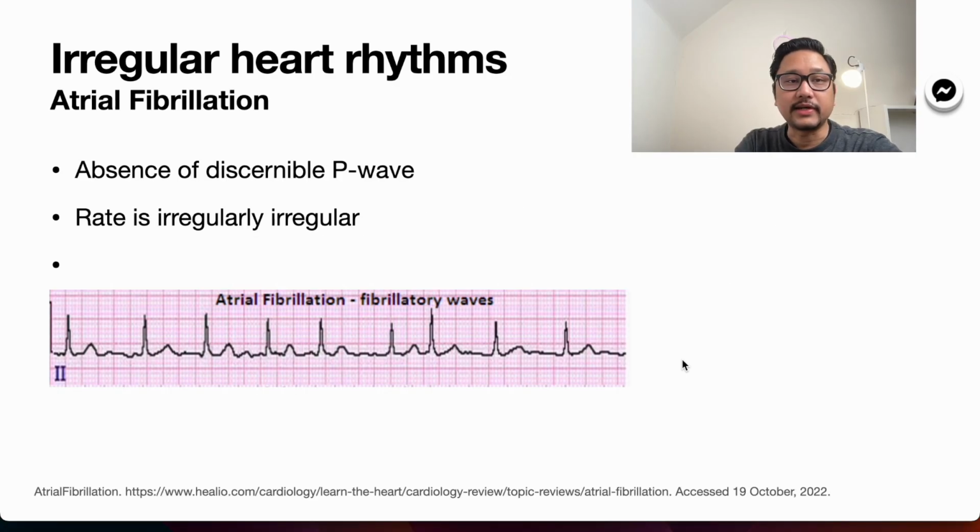So this is atrial fibrillation. In atrial fibrillation, there are no discernible P waves, and the rate is irregular. As you can see in the strip here, we can't really see P waves, and the rate is really irregular. The R to R interval here is a bit shorter compared to the other one. So there's no regularity in these heart waves.